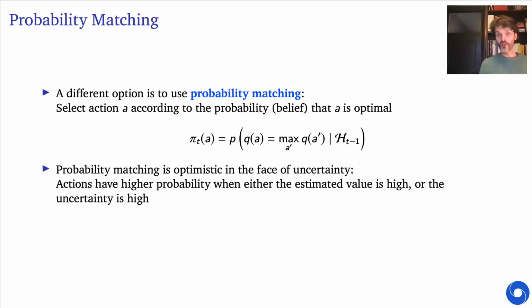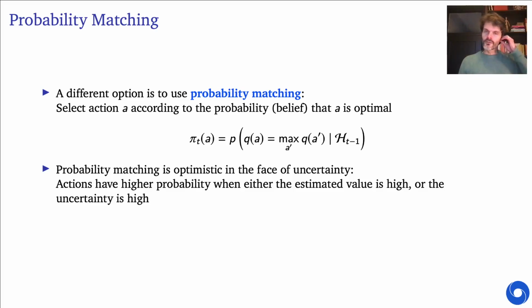Maybe it's not the most likely action to be maximal, but it might be a fairly likely action to be maximal if your uncertainty is high. So actions with larger probabilities are either high valued actions, or you have a lot of uncertainty about them, similar to the UCB algorithm and other optimistic approaches.